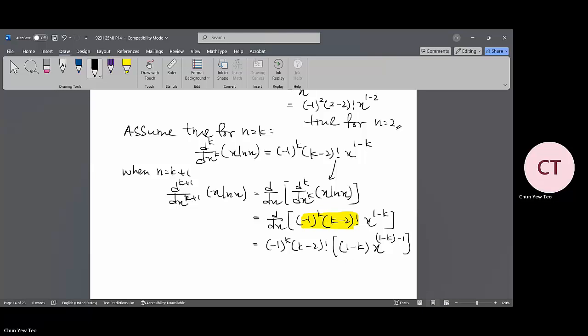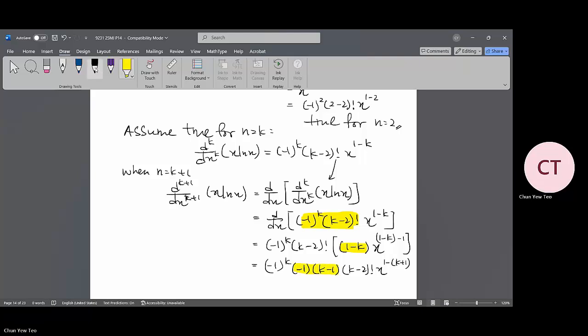Okay, so you just need to arrange them in a way that negative 1, k minus 1, k minus 2 factorial, x power 1 minus (k plus 1). Rearrange everything. Especially this part, I make it become this.